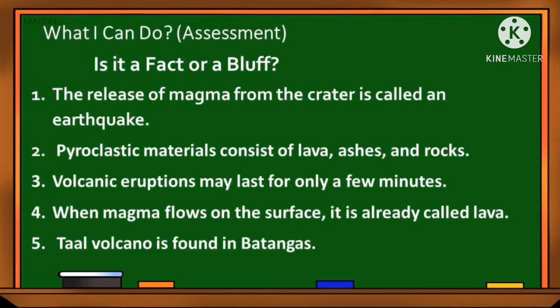Fact or bluff? 3. Volcanic eruptions may last for only a few minutes. Is it a fact or a bluff? Number 4. When magma flows on the surface, it is already called lava. What is the answer? Number 5. Taal volcano is found in Batangas. Is it a fact or a bluff?